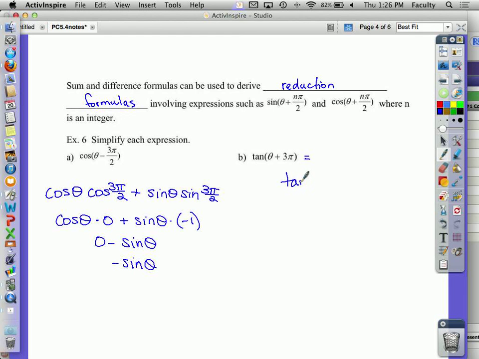All right, here we go. Tangent is tangent theta plus tangent 3 pi over 1 minus tangent theta times tangent 3 pi. So I'm going to give you a moment so you can think about your unit circle values and how you figure that out.